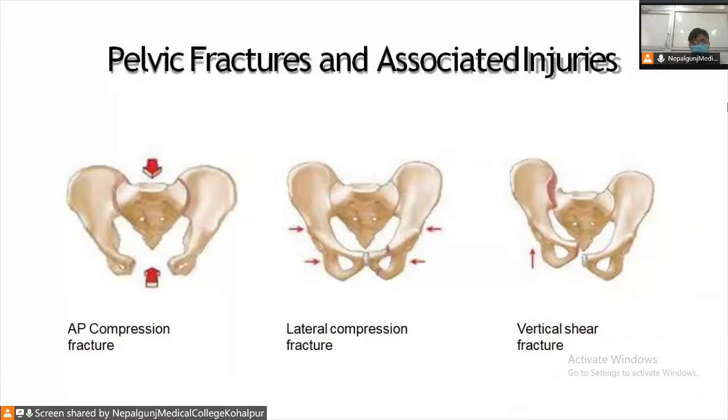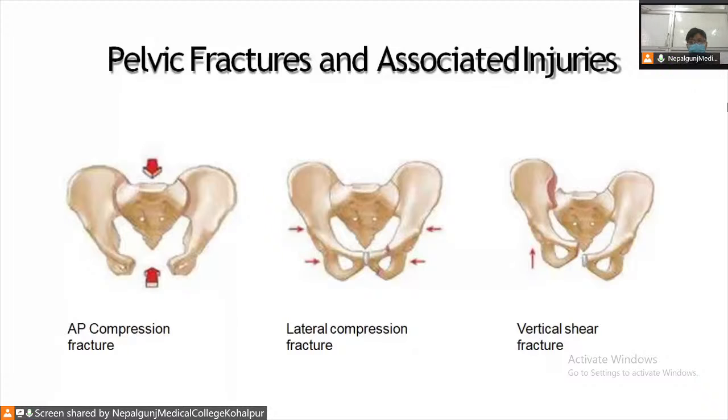Now, in pelvic trauma, AP compression gives the open book injury. Lateral compression gives pubic rami fractures in the superior and inferior aspect. Vertical shear is a bucket handle injury, seen when landing on the ground with the feet.